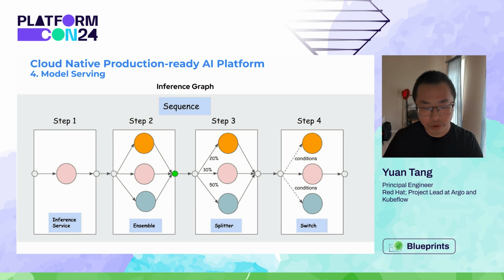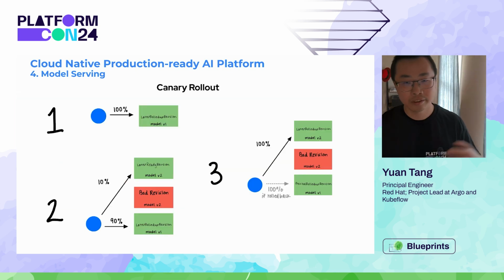For example, you can use the ensemble node to run different models separately and then combine the results into a single prediction response. You can also use a splitter node that allows users to split the traffic to multiple targets using a weighted distribution.